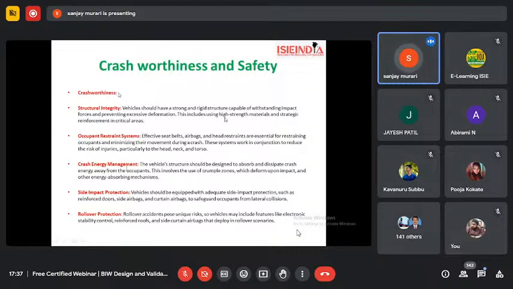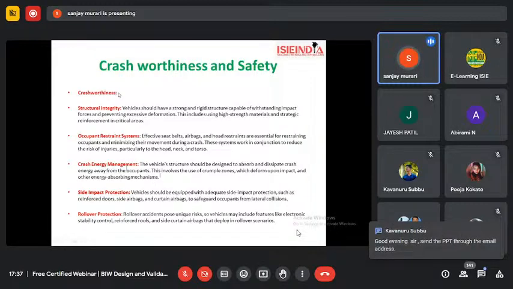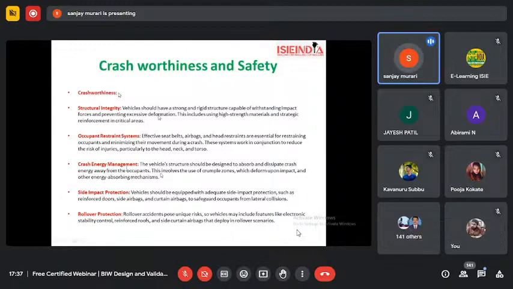So proper energy management has to be there when the car goes through an accident. How much energy has to be transferred and how much it has to absorb decides the strength of the material we should use, or how the design of the parts should be. Everything comes under crashworthiness.